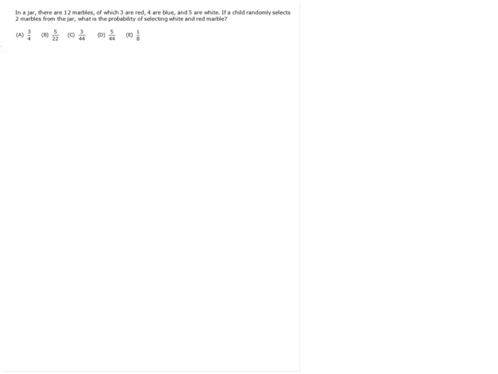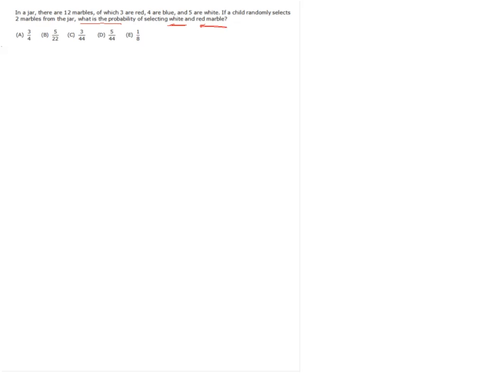The first thing is when we're saying what's the probability of selecting a white and red marble, we see that there's 2 marbles being selected, so that's 2 attempts. The problem also does not say that the marbles are being put back, so you can always make the assumption that after you select 1 marble, it's gone from the possible number of marbles that you can select from.